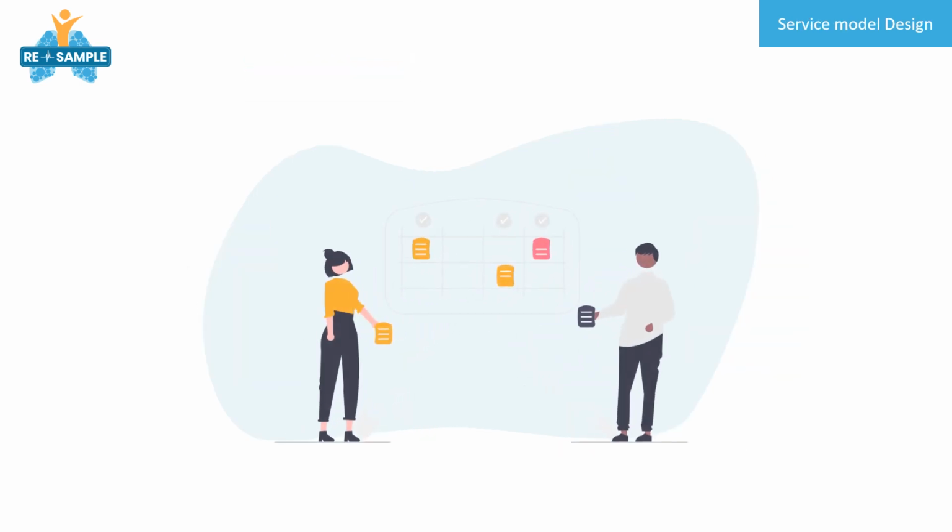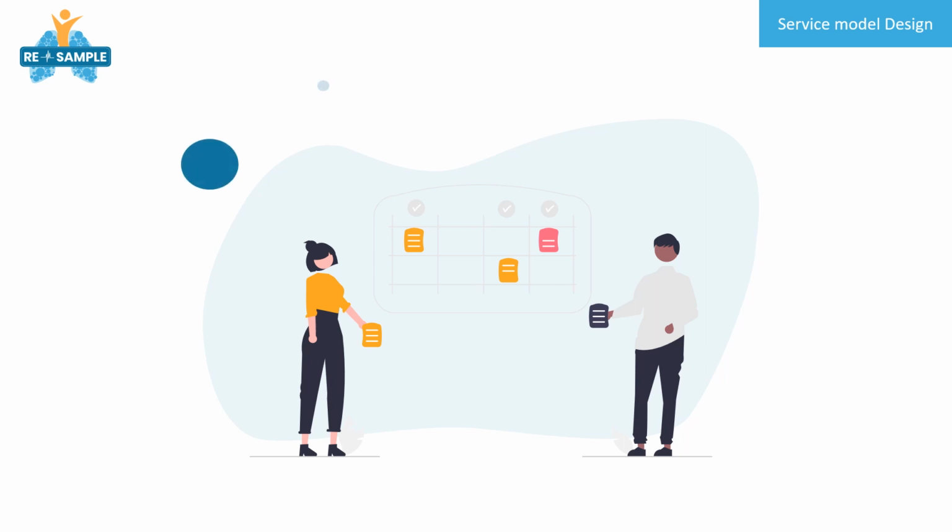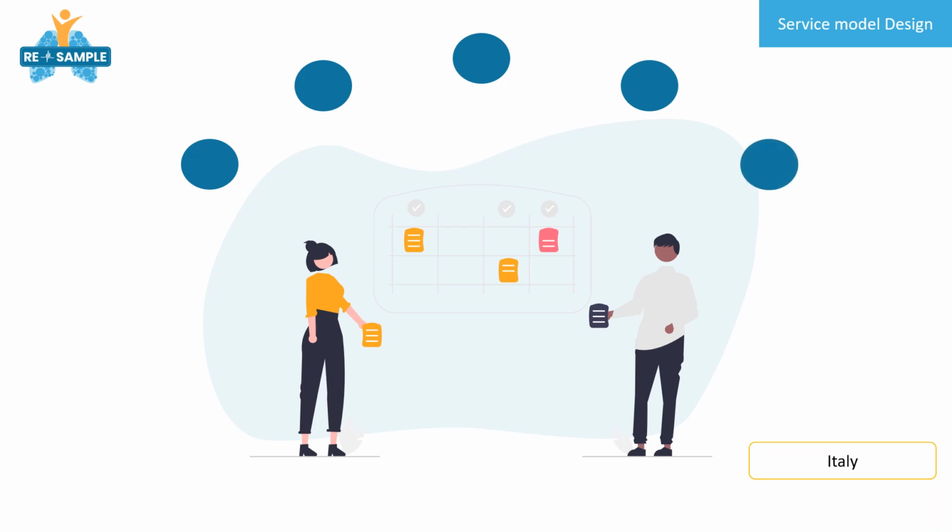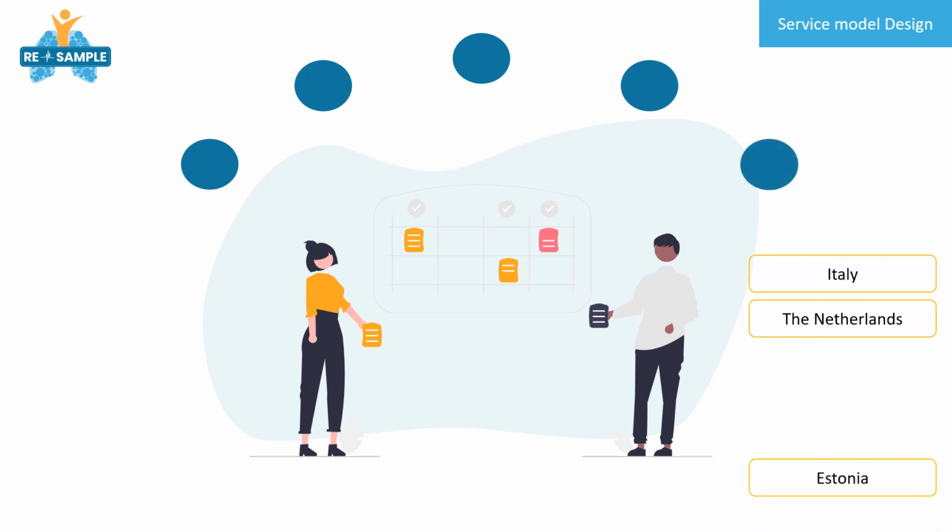Radboud Research and Development developed the Resample service model based on 5 rounds of studies with stakeholders from 3 different countries: Italy, the Netherlands, and Estonia. This was very important because there are a lot of differences between the countries in terms of how care is organized.